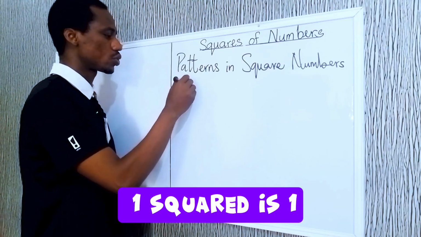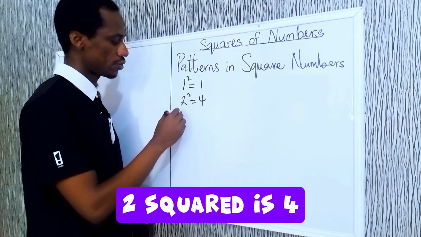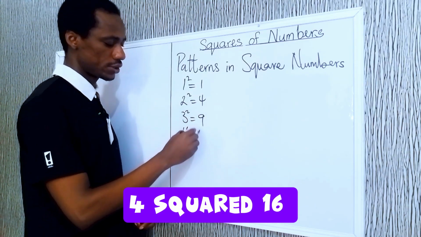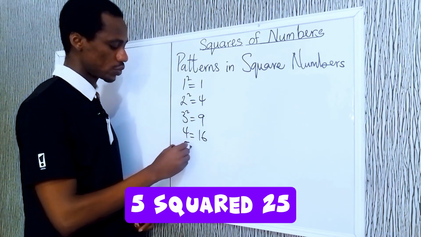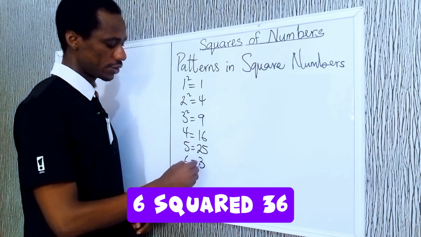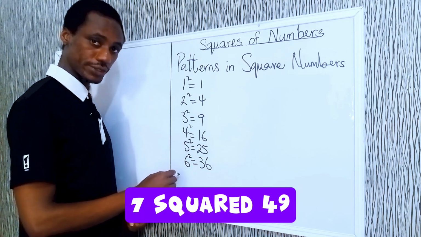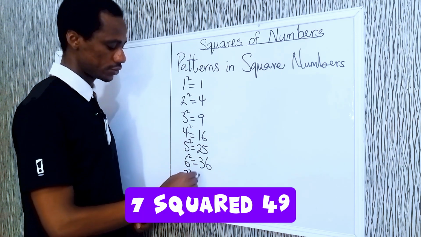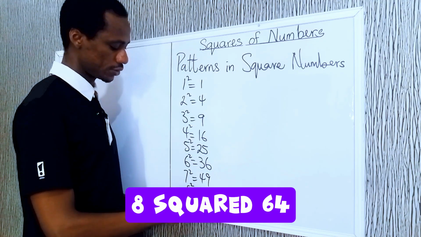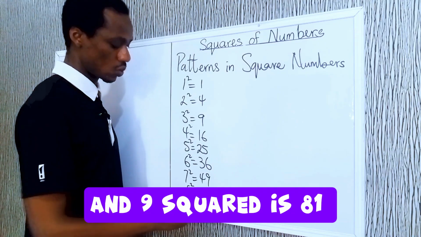So we know that 1 squared is 1, 2 squared is 4, 3 squared is 9, 4 squared 16, 5 squared 25, 6 squared 36, 7 squared 49, 8 squared 64, and 9 squared is 81.